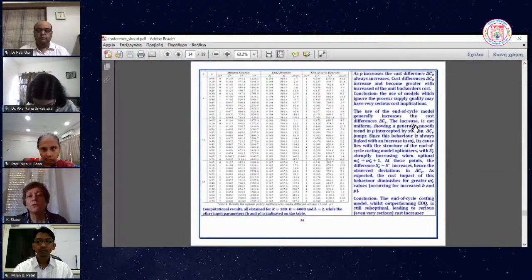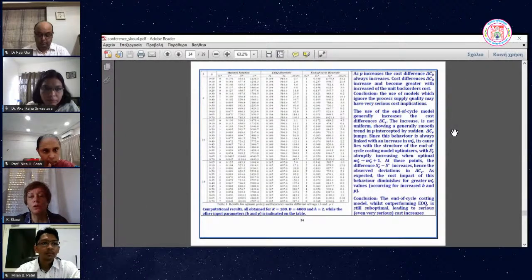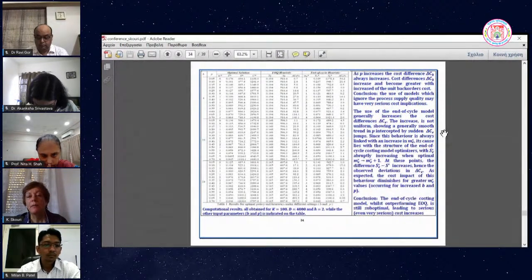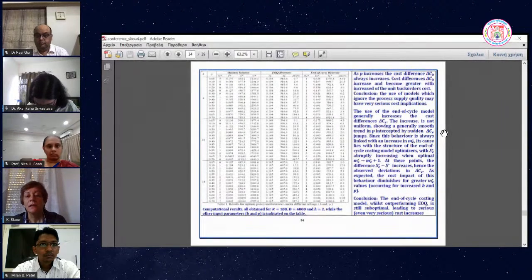Here we can see from 1 to 2, we have a non-uniform behavior, and this is due to the increase of the order-up-to level. So if we want to answer which heuristic outperforms, the end of cycle costing model starts outperforming the EOQ model, but is still suboptimal, leading to serious and even very serious cost increases.